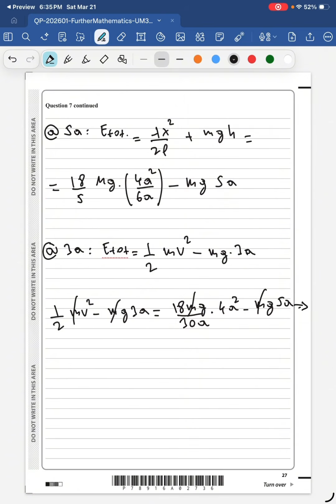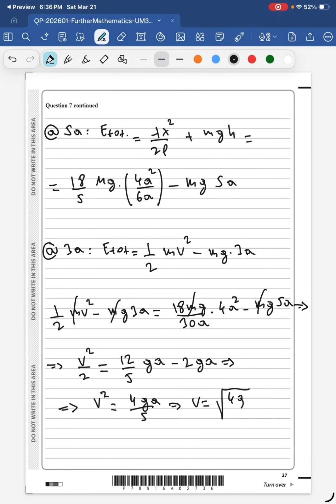So v squared over 2 becomes equal to 12/5 ga minus 2 ga. So v squared is 4ga over 5. So the velocity is the square root of 4ga over 5. Okay, this was part A.